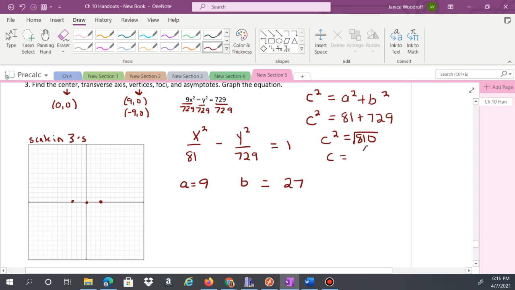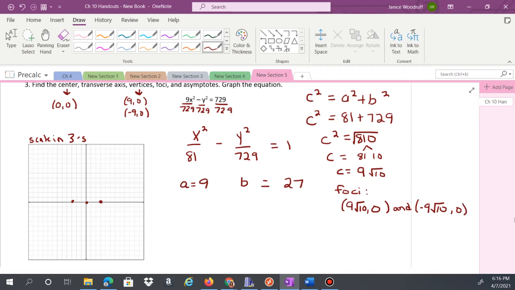But we could take this and go 81 and 10, right? Yeah, so then that would be 9 root 10 for our C. Okay, which means that the foci are going to be, since the center is at 0, 0, the foci would be 9 root 10, 0, and then negative 9 root 10, 0, which is, what was it?